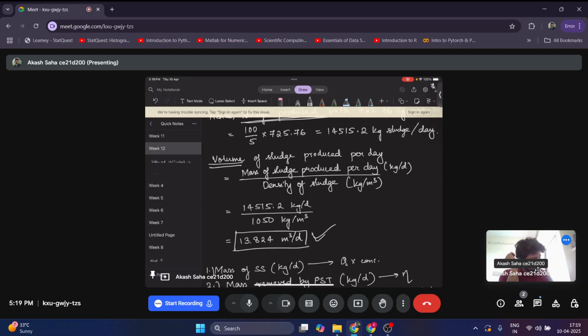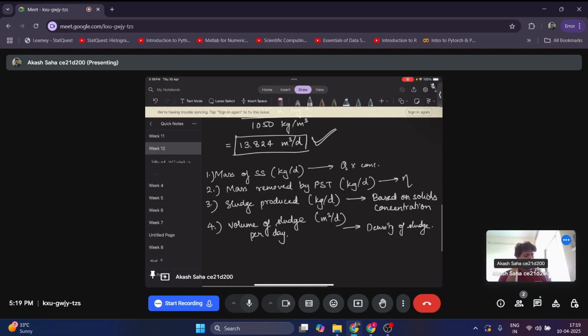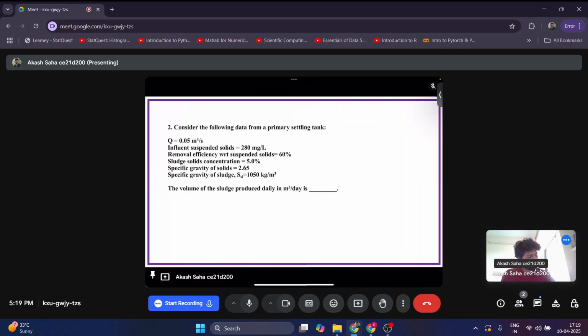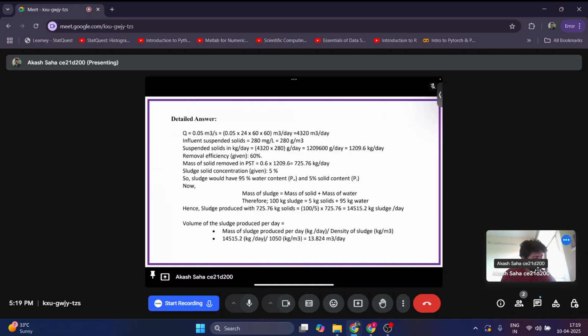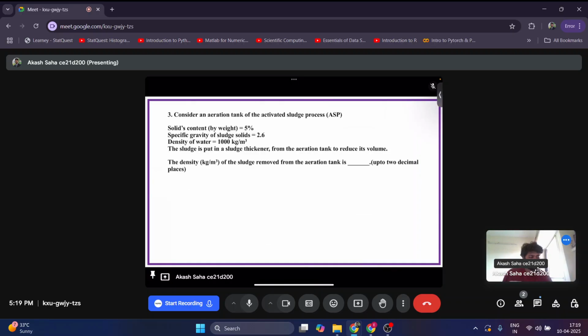So this is the volume. Okay, then let's move to the next problem. So the answer is 13.824 meter cube per day. We'll move to the next problem now.